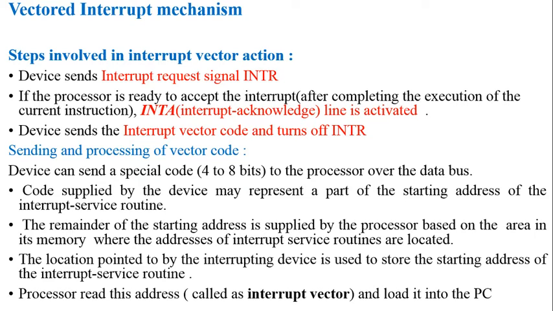The processor then stores this address to a particular location which is specified by the device that placed the interrupt request. After that, the processor stores that address into the program counter register.